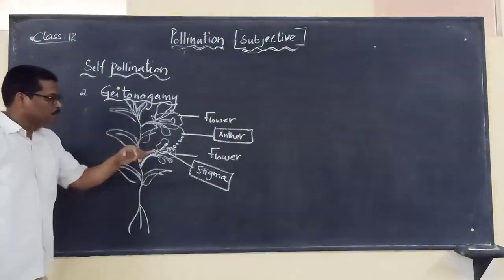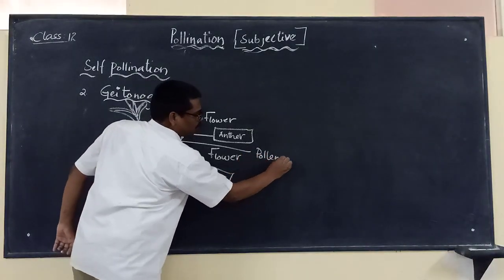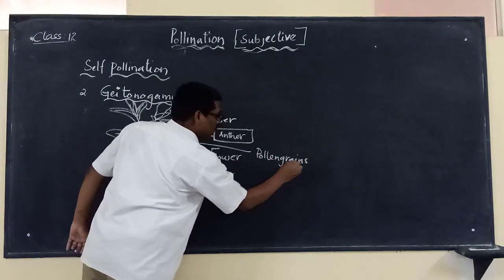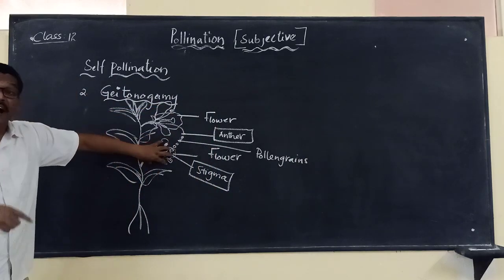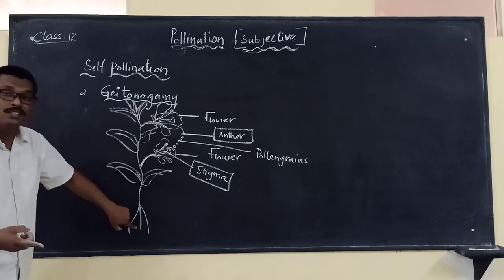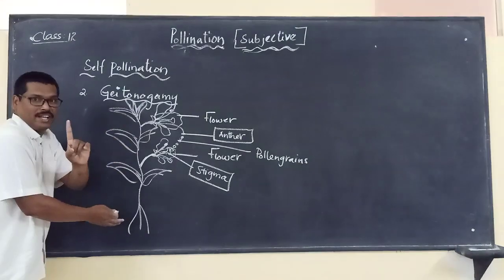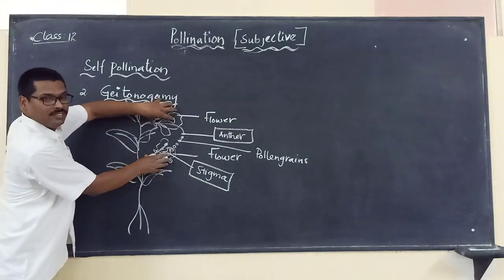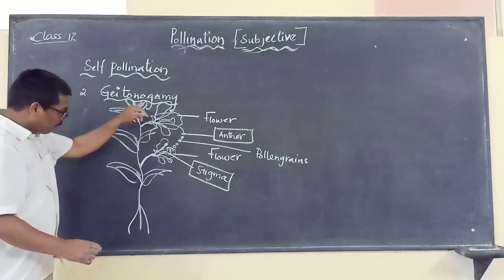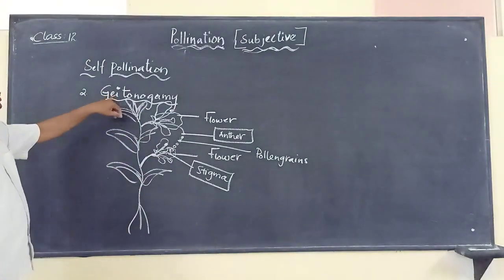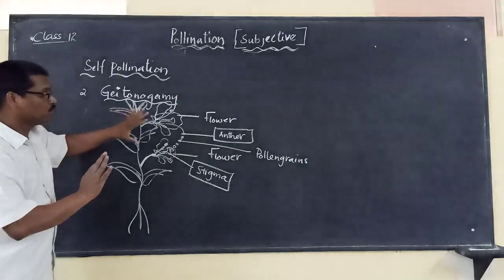So transfer of pollen grains from the anther of one flower to the stigma of another flower born on the same plant. Here the plant is one only, but there are two flowers. When the pollination is taking place between two flowers born on the same plant, we are calling it geitonogamy. Most of the children will get confused here, so you should be very careful.